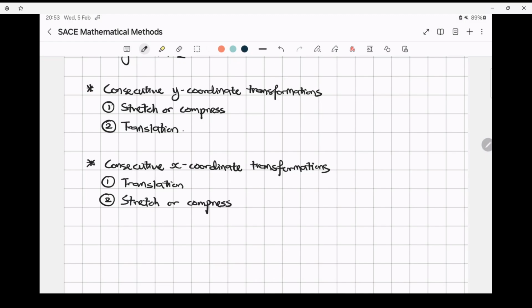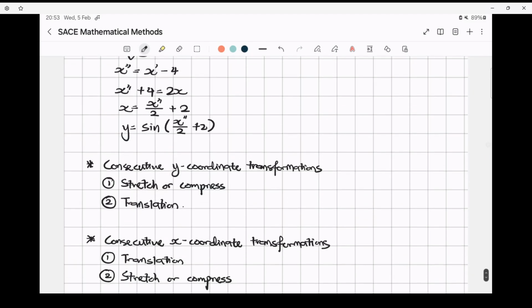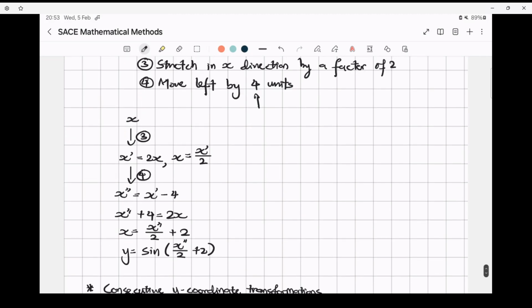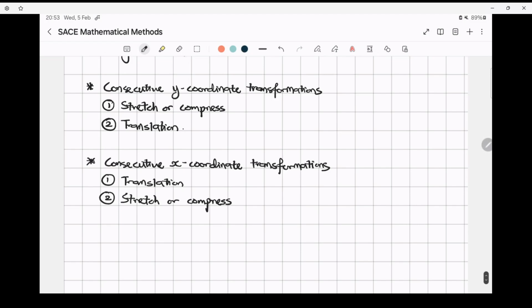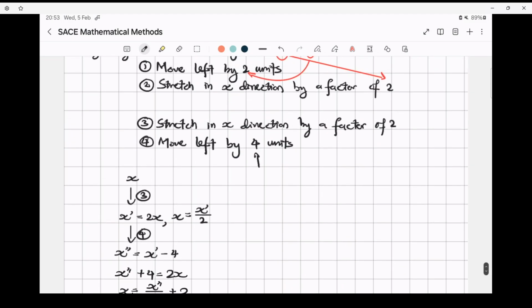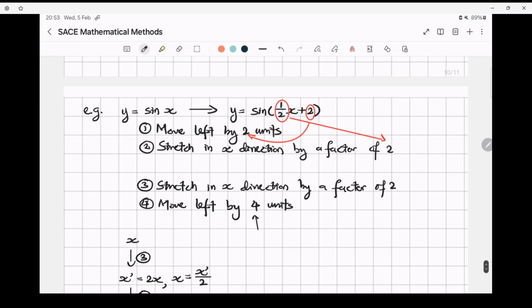So this is a rule of thumb for you to remember if you don't want to do all the steps. Of course, for the consecutive x coordinate transformation, you can always do the stretch or compression first, then you do the translation. But as I showed yesterday, if you do it in that order, you always need to fix this particular factor, so you need to be extra careful about that.